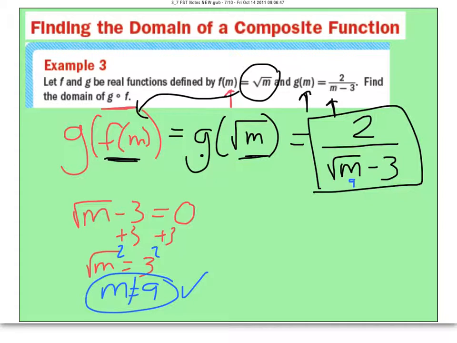Now this one is also a little bit trickier because we do have a square root. Under the square root symbol, you have to be cautious. We can't have negatives. So the lowest this number can go under m would be a 0. So here's what I would say. The domain is all reals greater than or equal to 0, excluding the number 9.